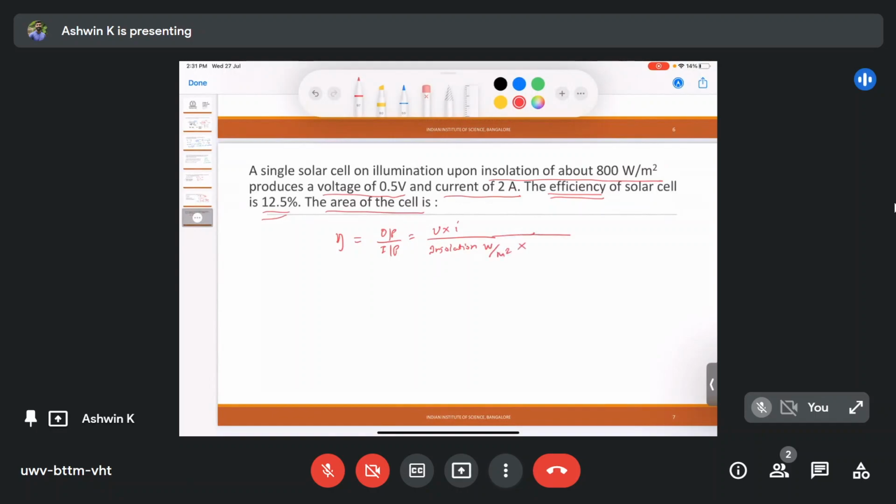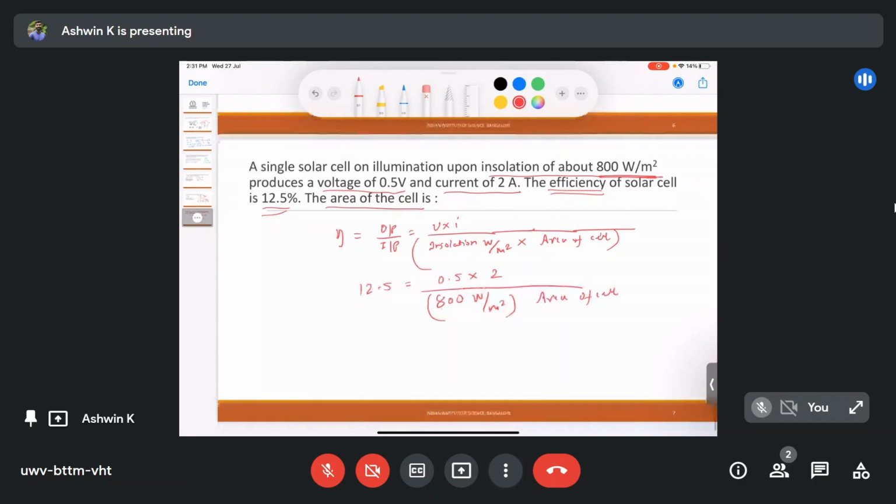When this quantity is multiplied by the area of the solar cell, that gives us the complete input to the solar cell. If you look at this equation and substitute the values that are given, efficiency for our case is 12.5%, the output voltage is 0.5 volts, output current is 2 amperes, and the insulation falling on the solar panel is 800 watt per meter square. The value to be substituted was the area of the cell.